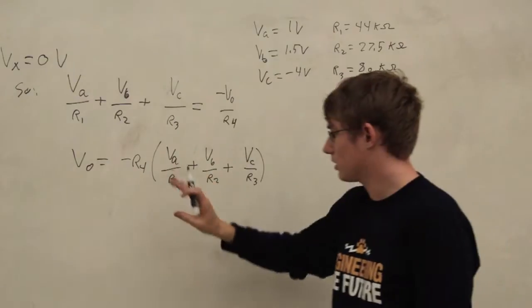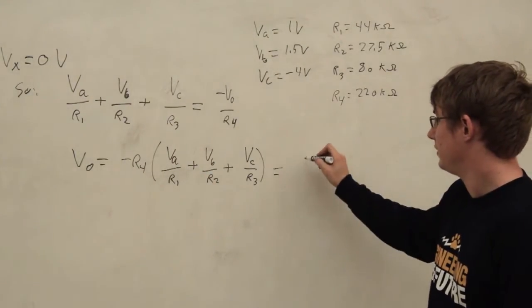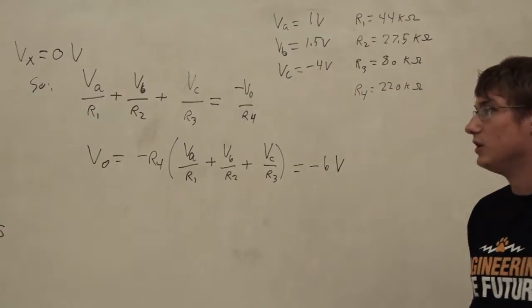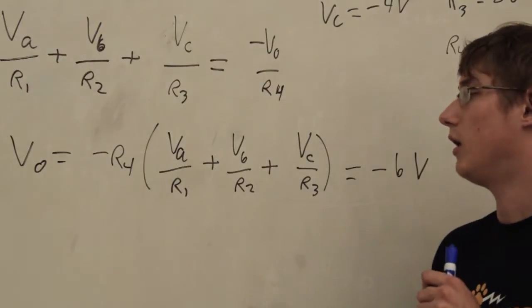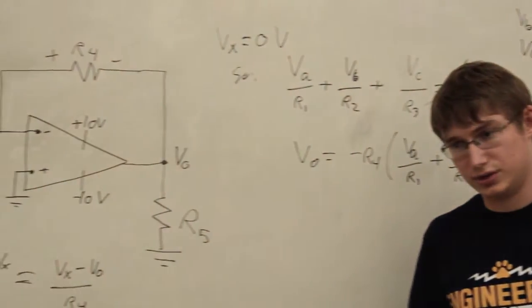We plug these numbers into this equation, and we get V0 equals negative 6 volts in this configuration. Notice that R5 does not affect the result at all.